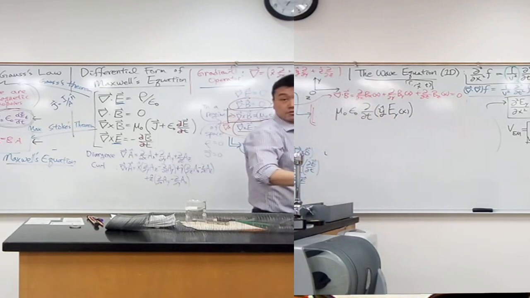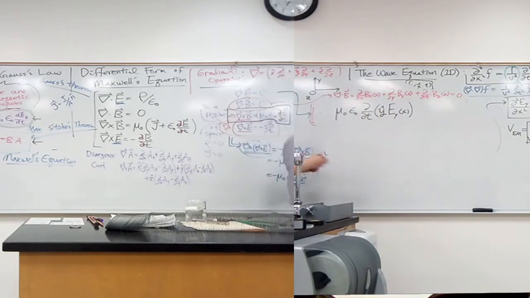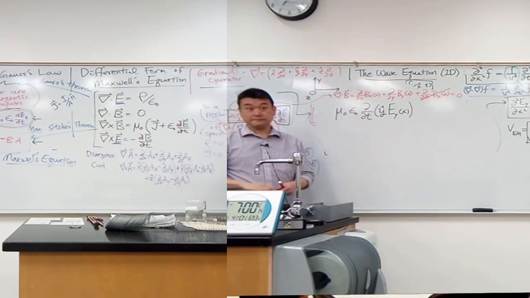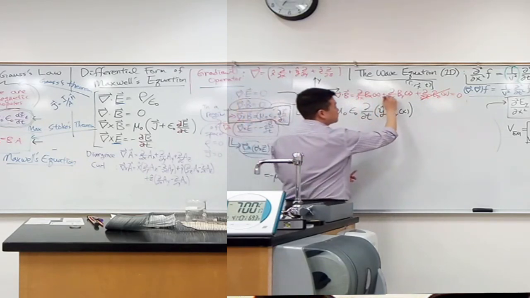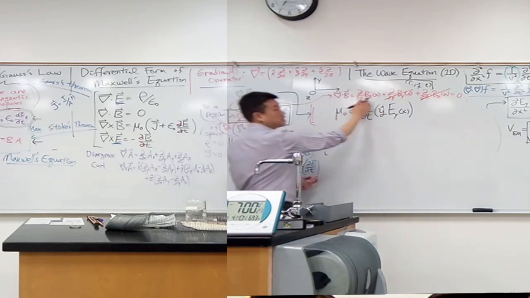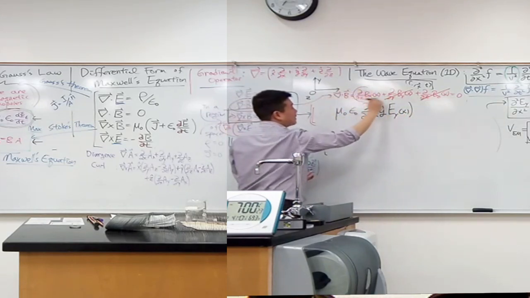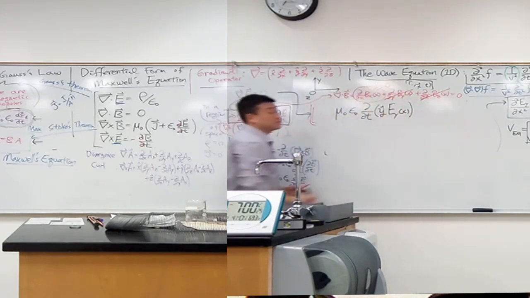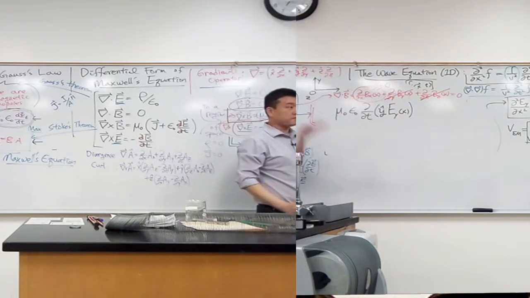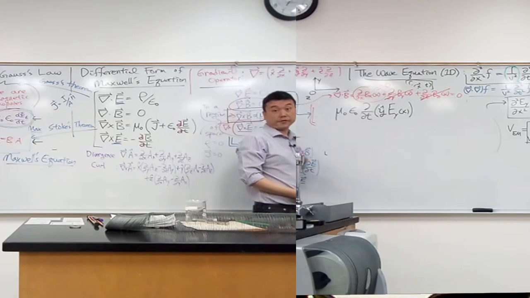Then you see the same thing you saw last time. This term is 0 because it doesn't depend on z. This is also 0 because it doesn't depend on y, only on x. Since the entire thing is 0, this must also be equal to 0. So the magnetic field also has no oscillating x component.